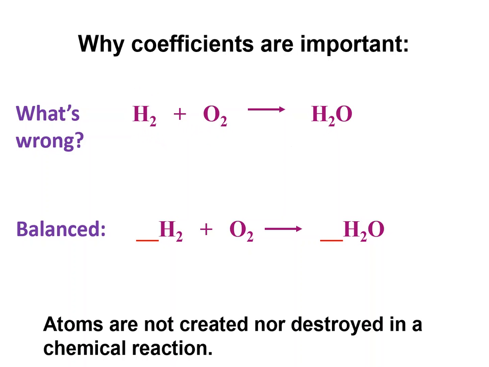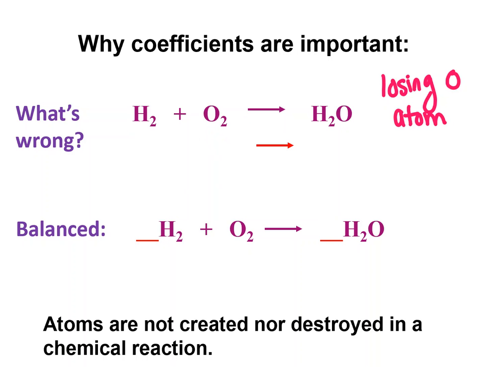On this one, I left all the coefficients off, so what's wrong with the way that it's written there? It looks like we're losing an oxygen atom. We started with 2 and then our product only had 1. In a chemical reaction, you do not gain or lose atoms. That can happen in a nuclear reaction, but not in a chemical reaction.